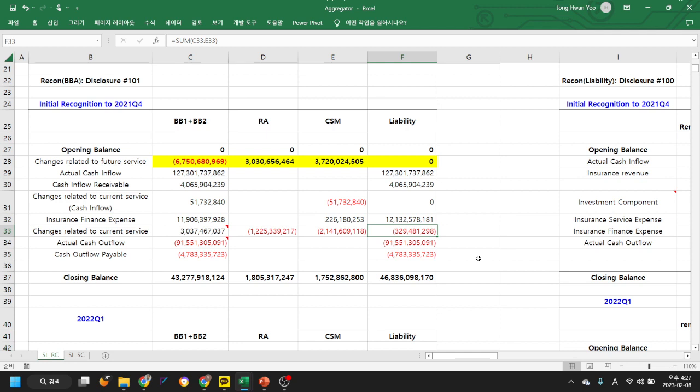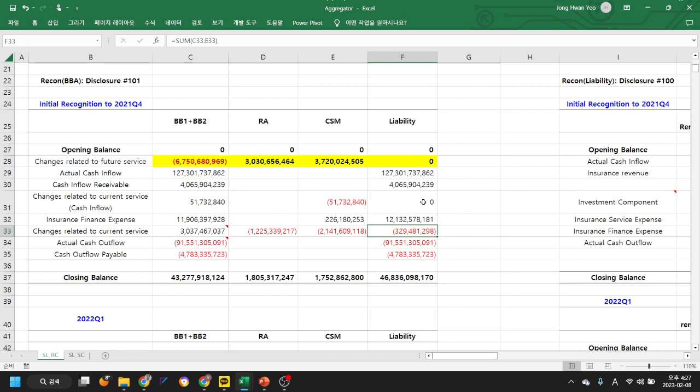And the one that I have is on the assumption that I need to also compare the estimate of those building blocks starting from 2022 all the way up to the end of the contract boundary, either on initial recognition and starting 2022 January 1st. That probably shows the difference, and that goes into this amount as well, right? If it is different.